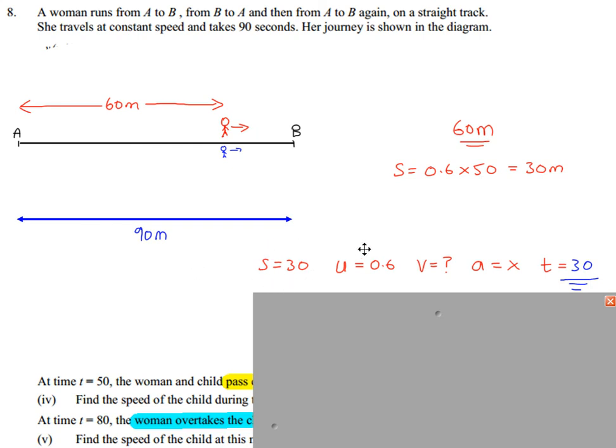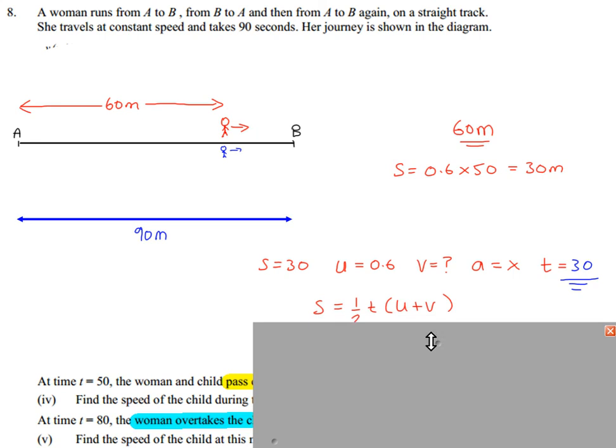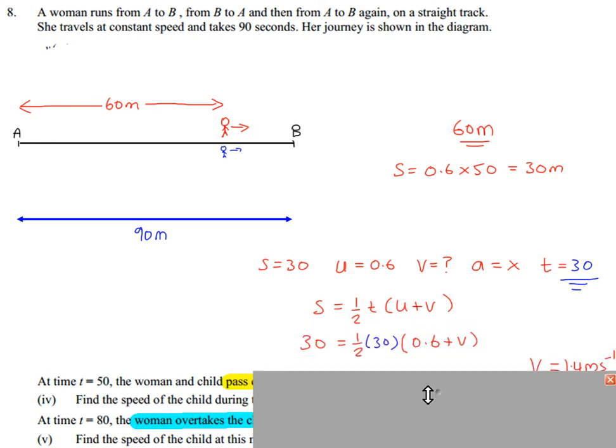V is what we're after. A we're not interested in, so I've crossed it out. And T is 30. The accelerating part of the child's journey is of duration 30 seconds. So you've got 80 seconds in total, 50 seconds for constant velocity, leaving another 30 seconds for acceleration. Suvat formula, substitute the values in, we get V equals 1.4 meters per second.